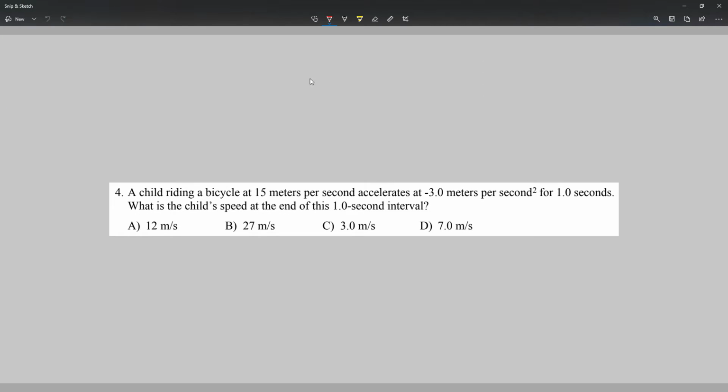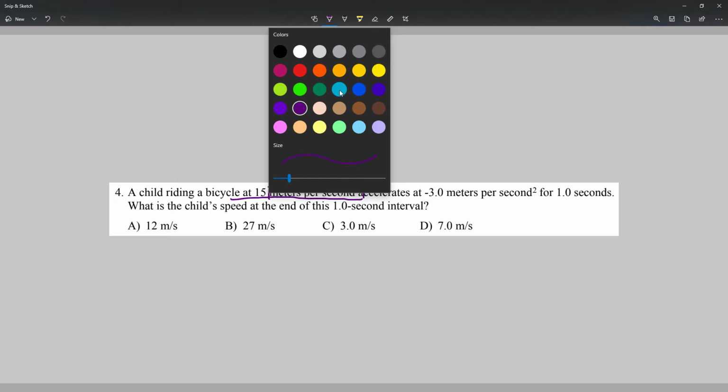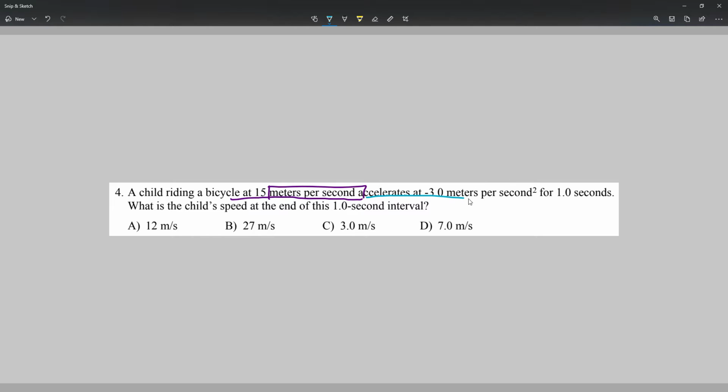All right, let's read this problem. A child riding a bicycle at 15 meters per second. Now this is a speed. Again, you're looking at the units, so this is like a speed number. Accelerates at -3 meters per second squared, right?